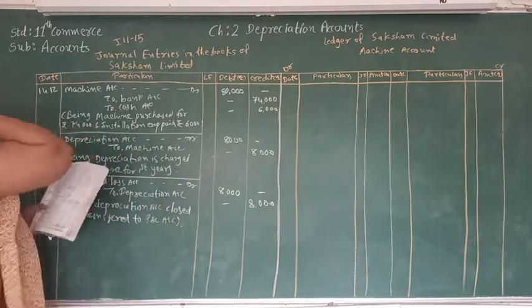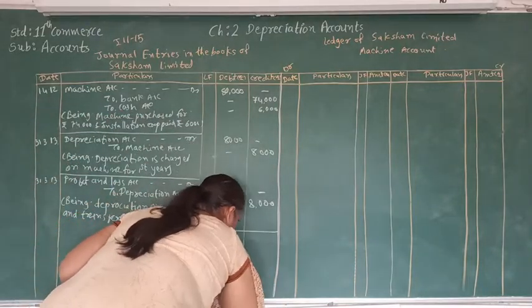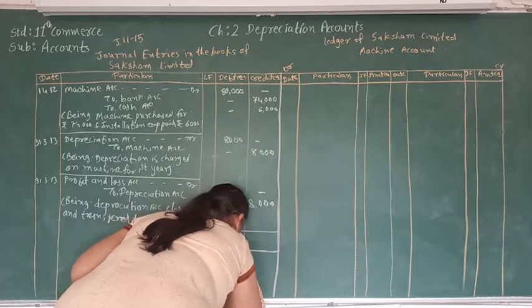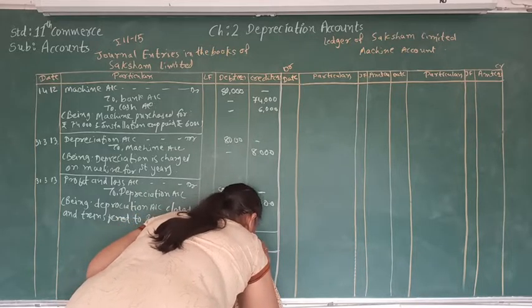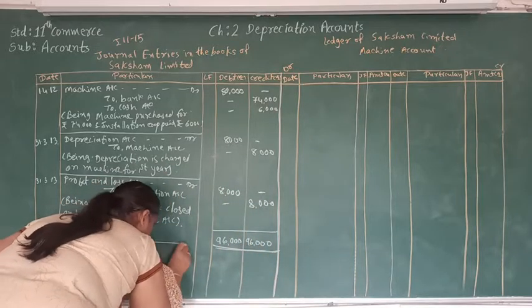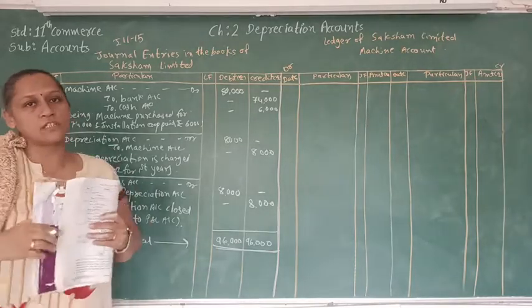So the total of the first year will be 96,000. So this is the journal entry for the first year.